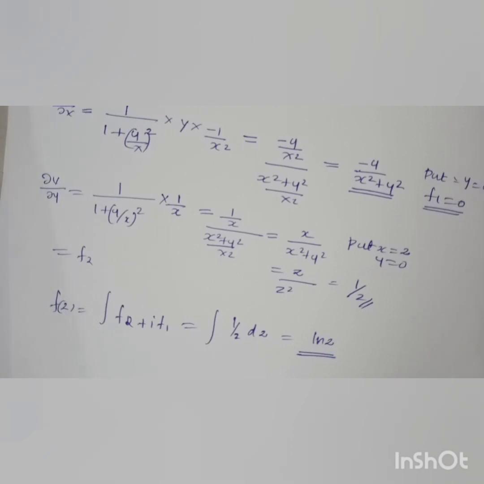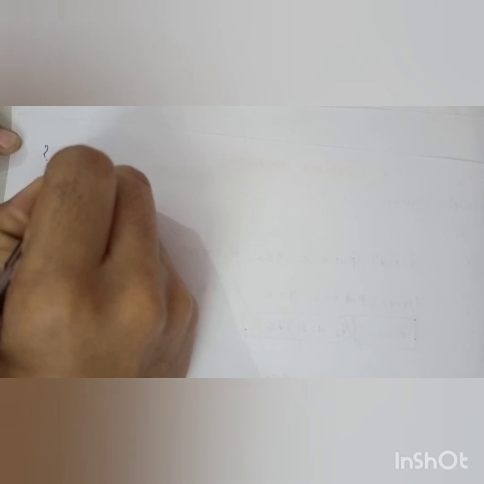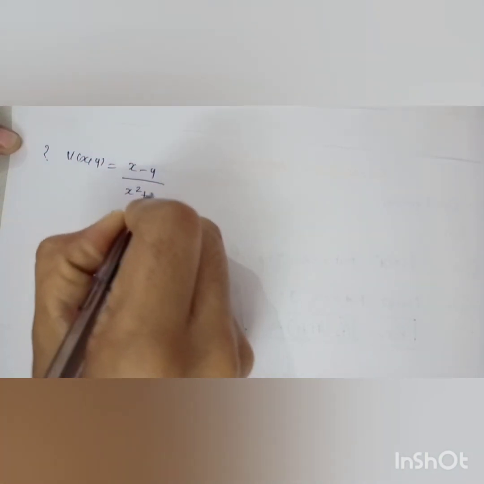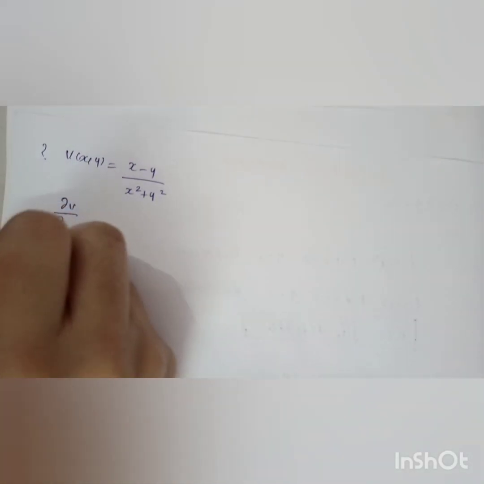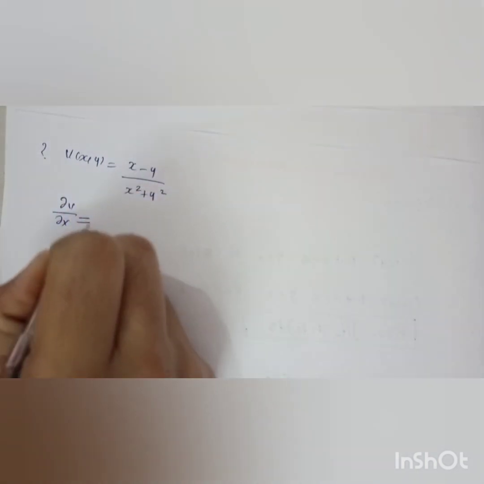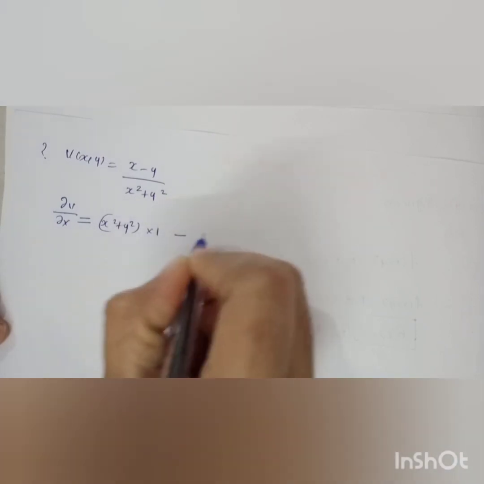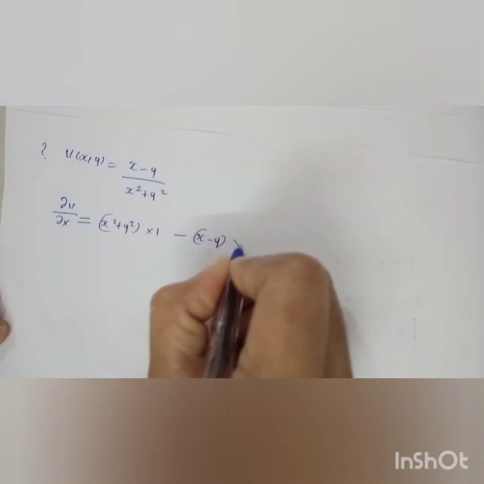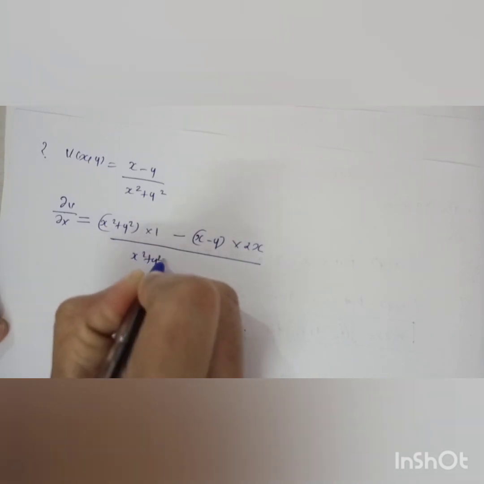Next problem, in which v of x comma y is given as x minus y divided by x square plus y square. So we have to find dou v by dou x. It is a division, so denominator into derivative of numerator minus numerator into derivative of denominator, divided by denominator square.